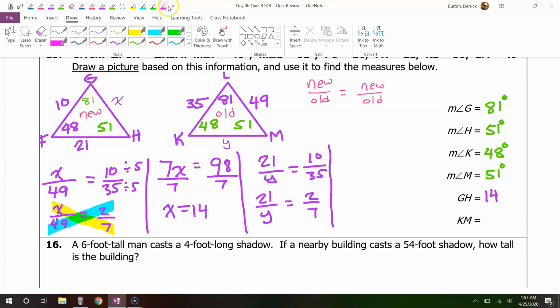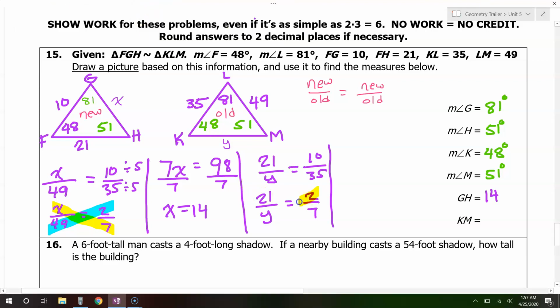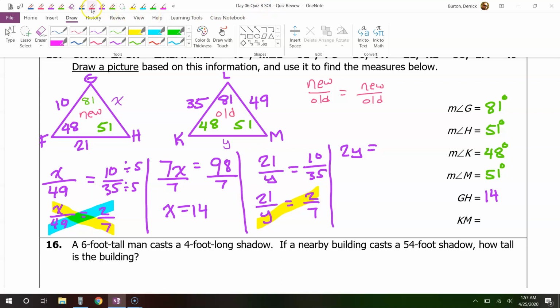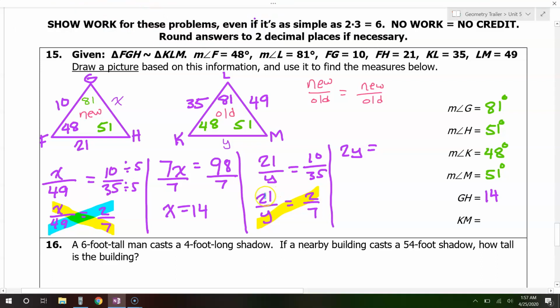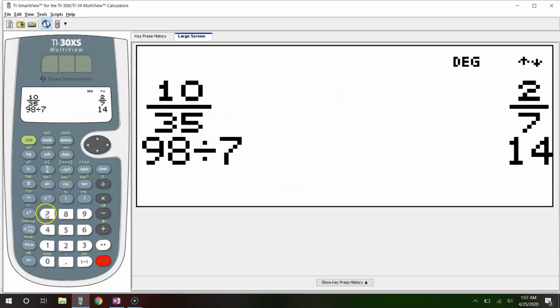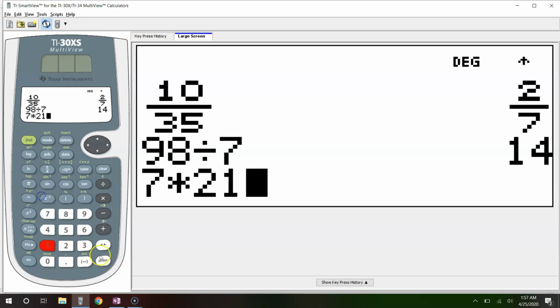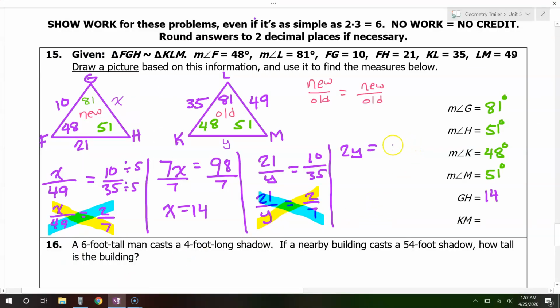So when we cross multiply, I'm going to get 2y is equal to whatever 7 times 21 is. 147.